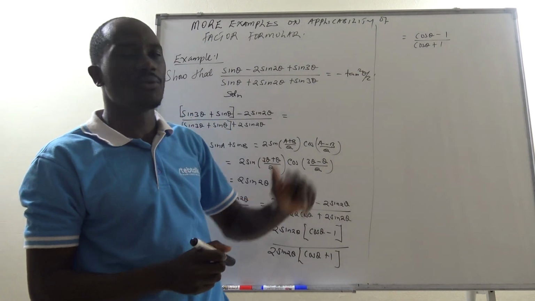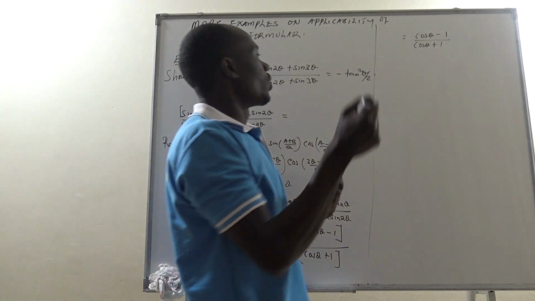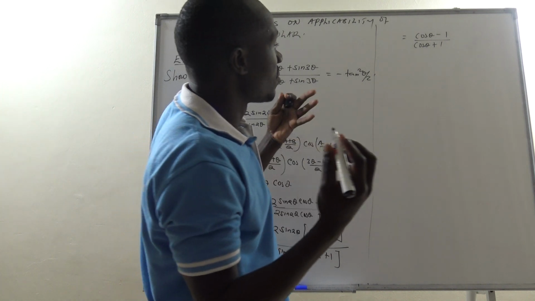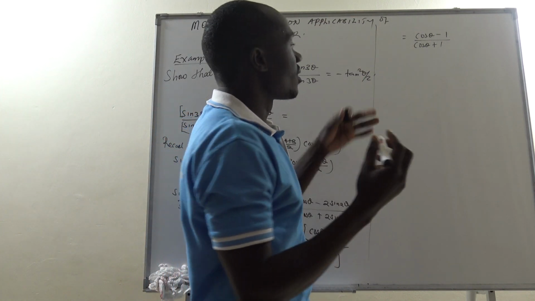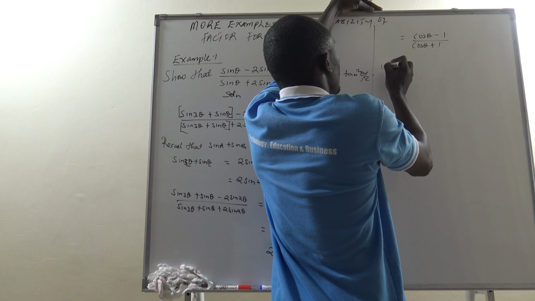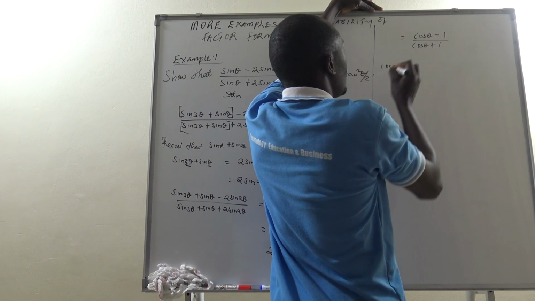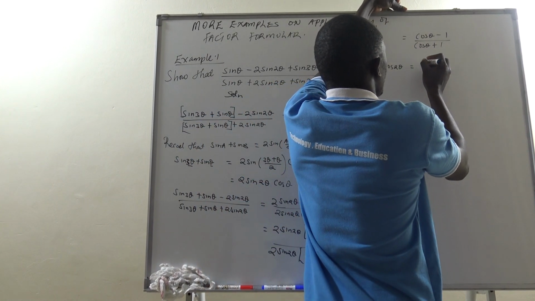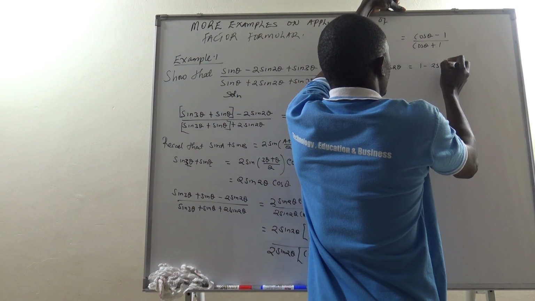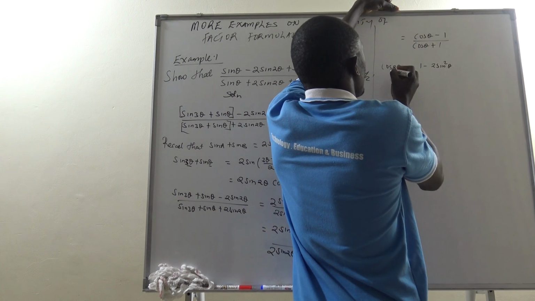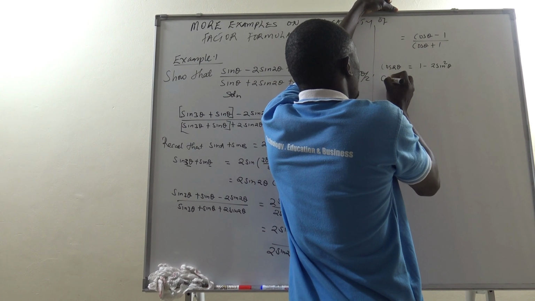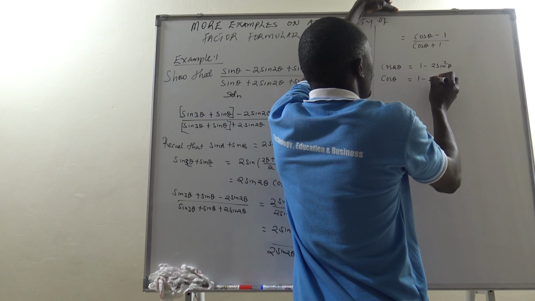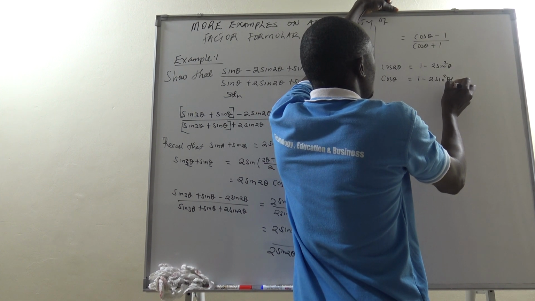You can see it is in terms of half angles. So we recall from the double angle formula, now we are dealing with half angles. Cos 2 theta in terms of sine was 1 minus 2 sin squared theta. Now if the angle is double, then cos theta is 1 minus 2 sin squared theta by 2.